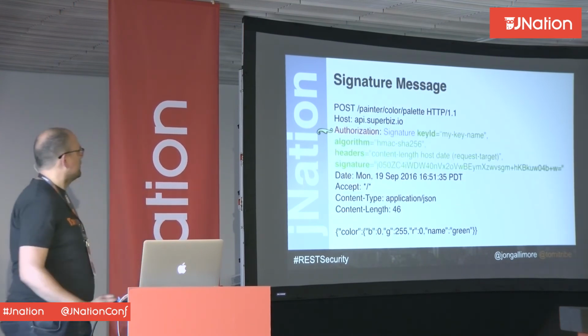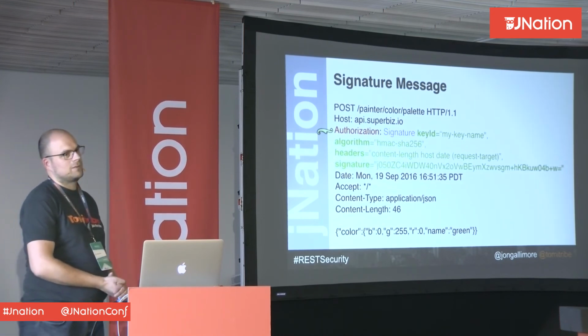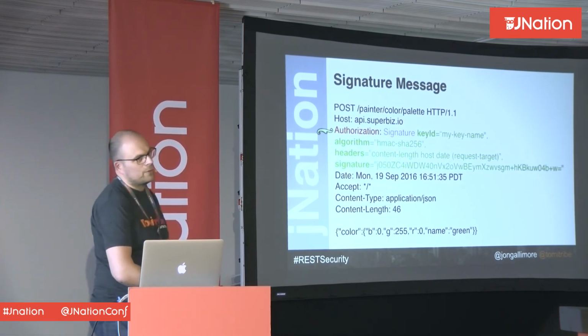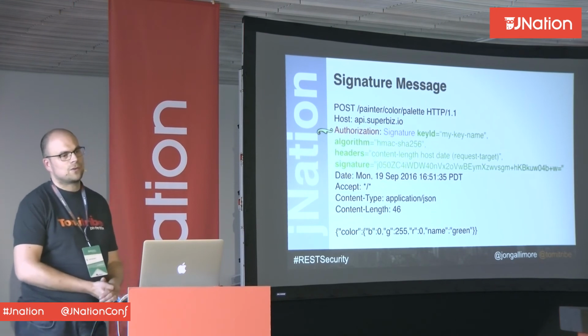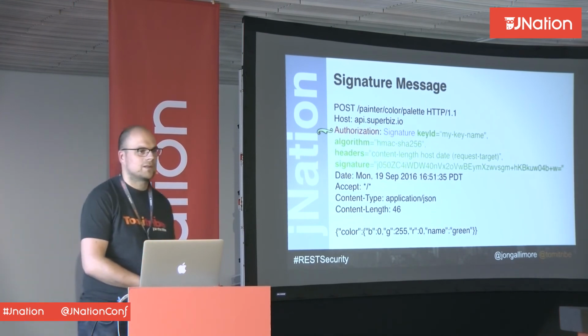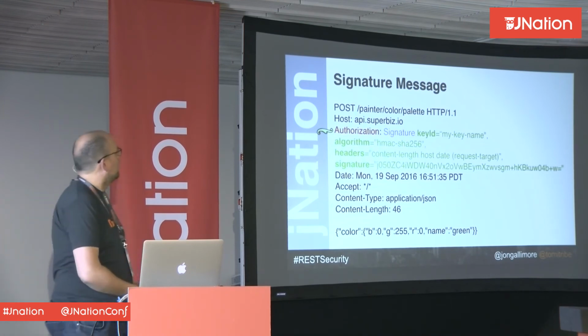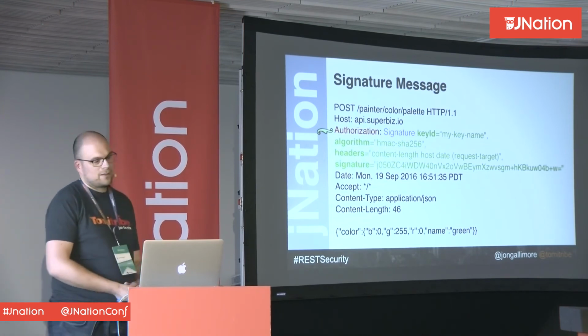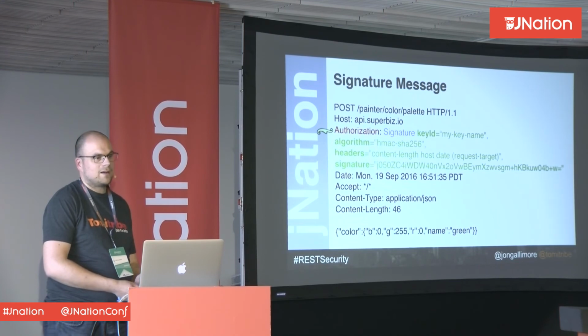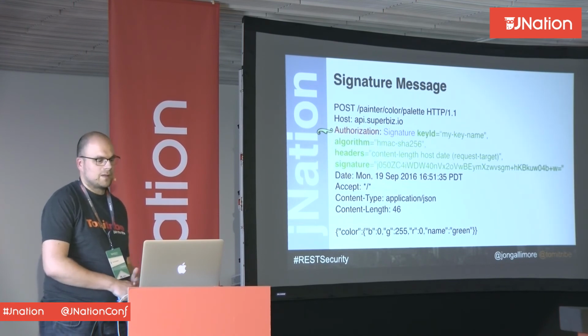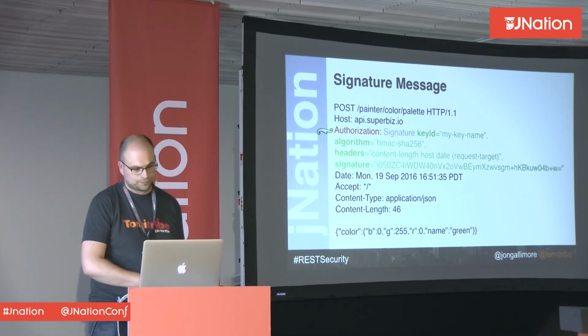So a typical message looks a little bit like this. There's no call to a token endpoint or anything like that, or passing through any credentials to get a key. We are just sending over an authorization header with a key ID, an algorithm, some headers and the signature.